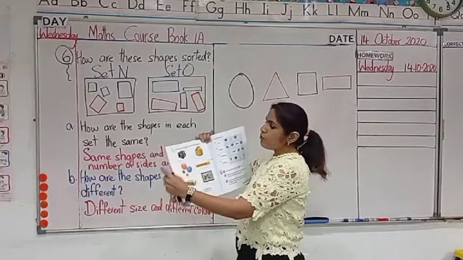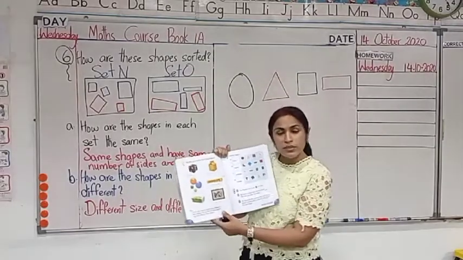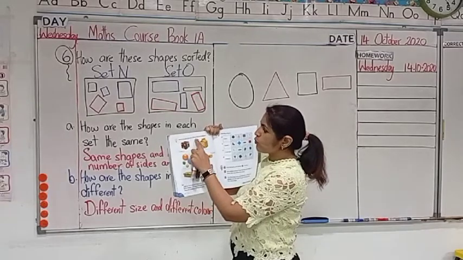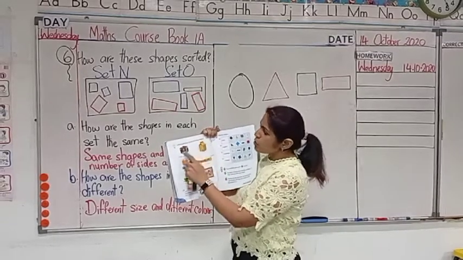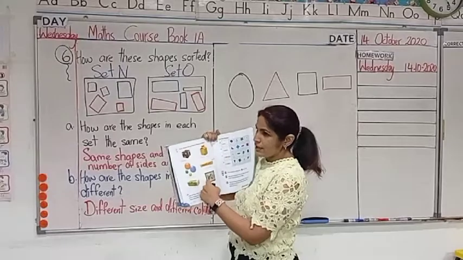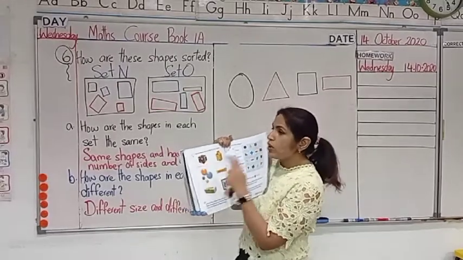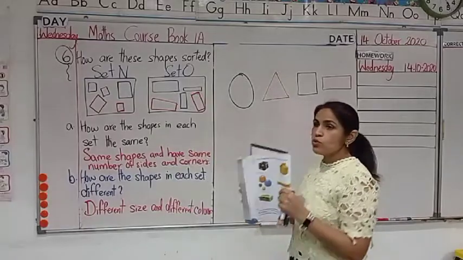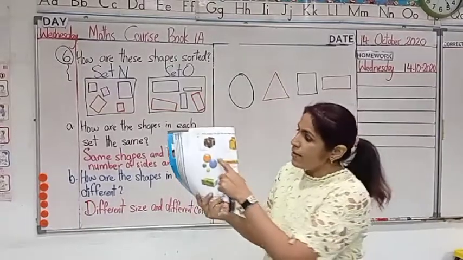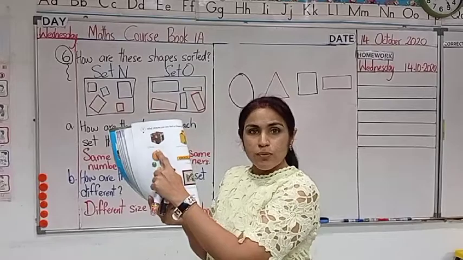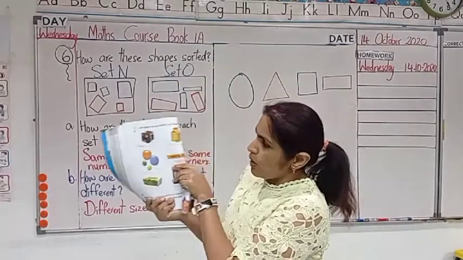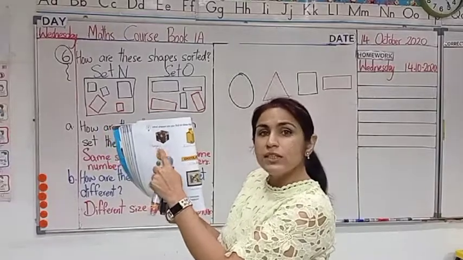Pages 104 and 105, I want you to do all by yourself at home with your parents' help. What shapes can you find on these objects? Objects are given, these are things. When you look at them, what shape do you think it is like? Then I want you to draw a line and write down, for example, this cube. It looks like a box, it's like a square. So I want you to draw a line and write down the word square.